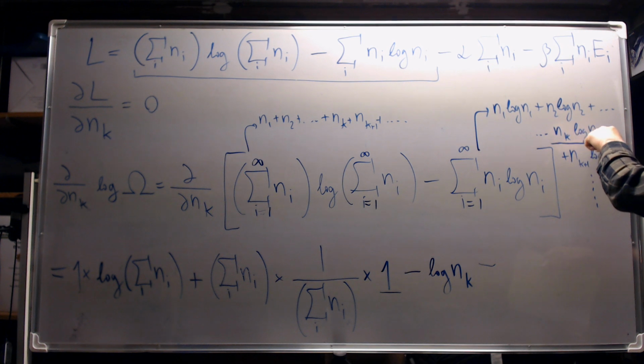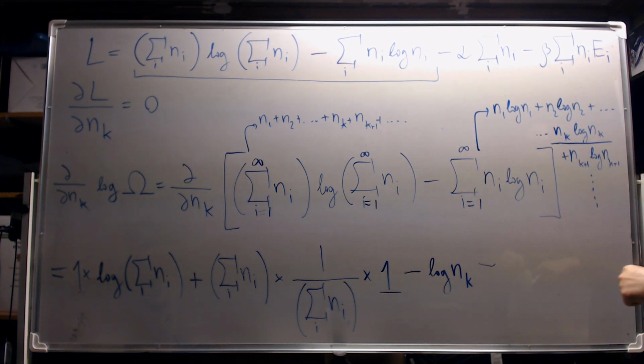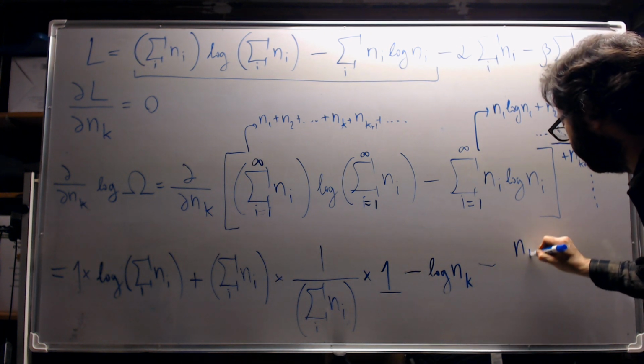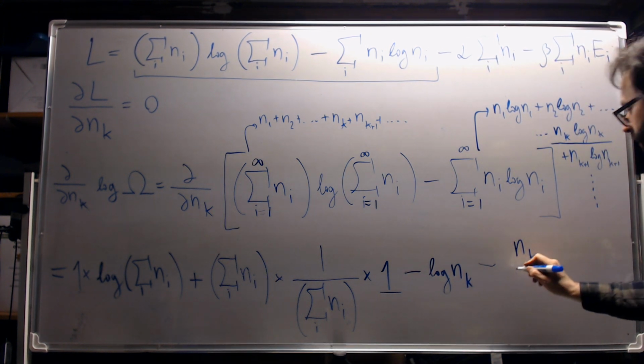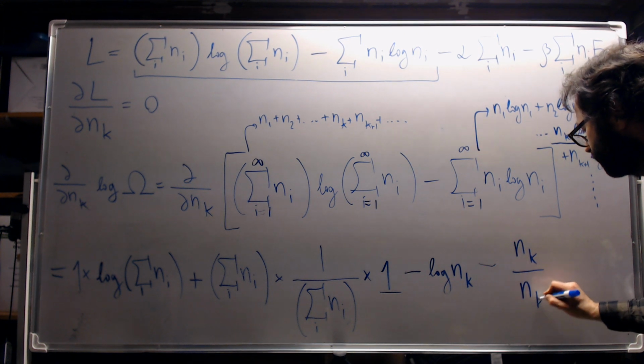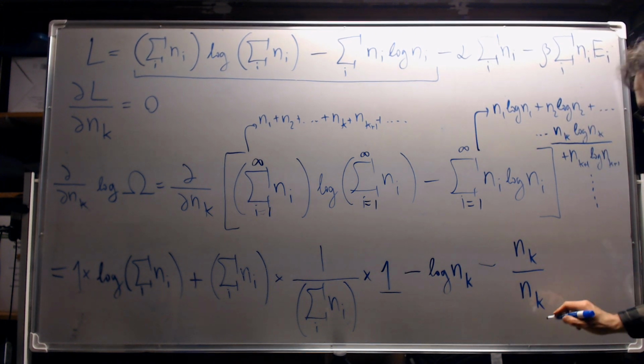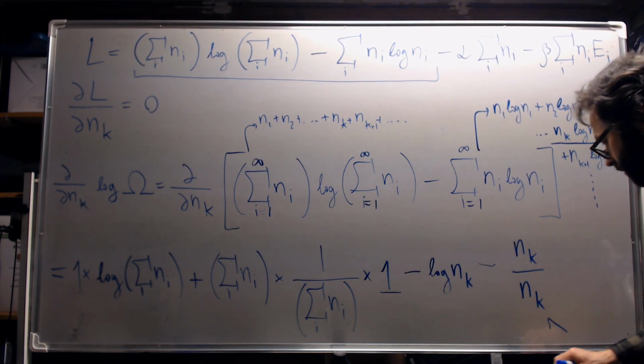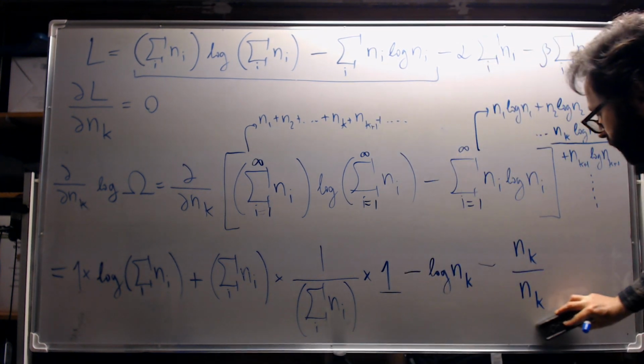The derivative of log of n sub k is 1 over n sub k. There's no more inside function. Derivative of log of n sub k with respect to n sub k is 1 over n sub k. And so you get n sub k from the first function divided by n sub k. This thing divided by that is, of course, going to give you 1.